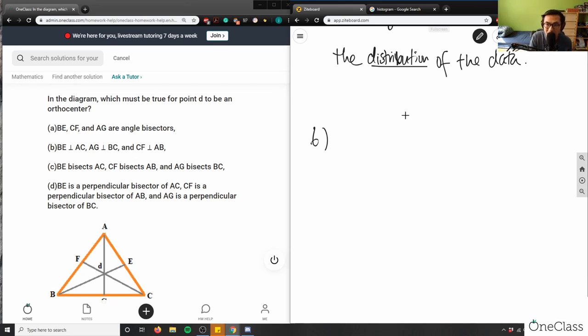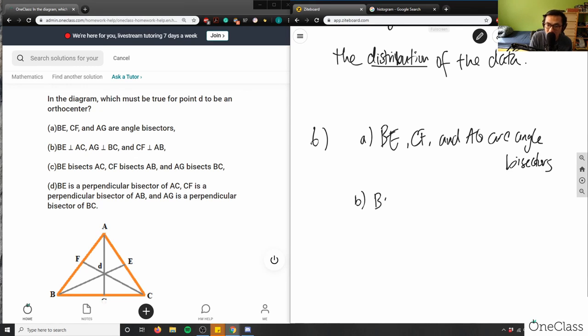So let me write down our solution. A could be B, E, C, F, and A, G are angle bisectors. B: BE has to be perpendicular to AC, AG is perpendicular to BC, and CF is perpendicular to AB.